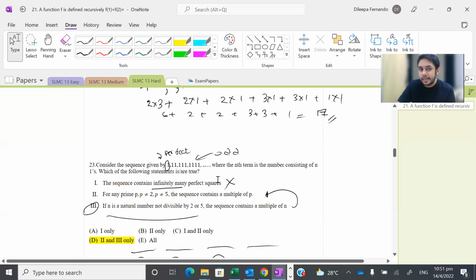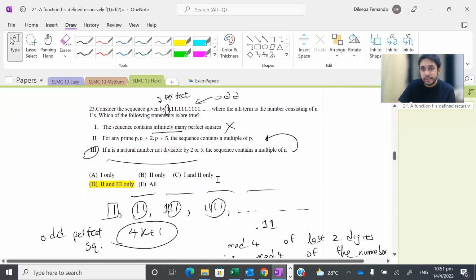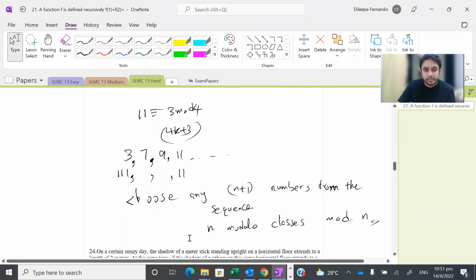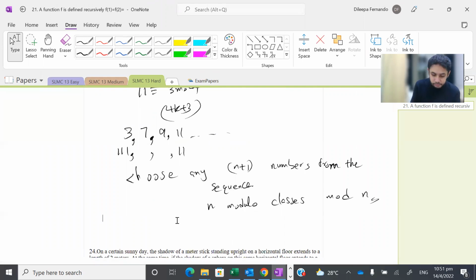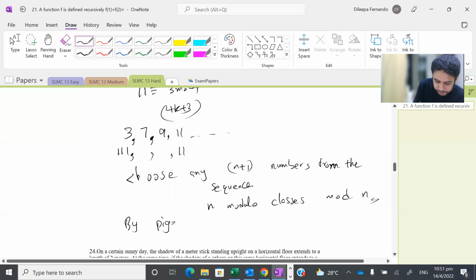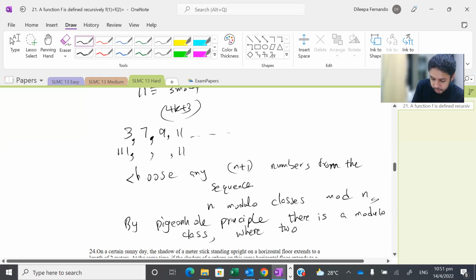And you should be able to see that when there are n modulo classes and you choose n plus 1 numbers, by the pigeonhole principle, there is a modulo class where two numbers in the sequence have the same value.